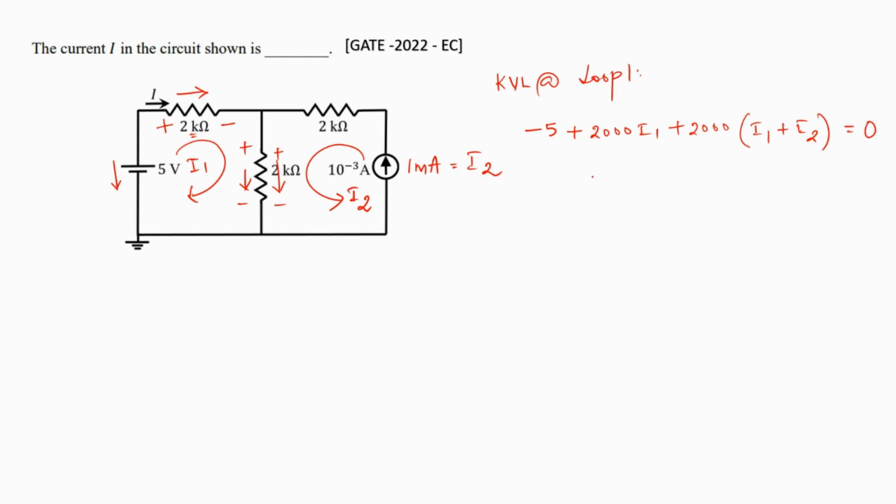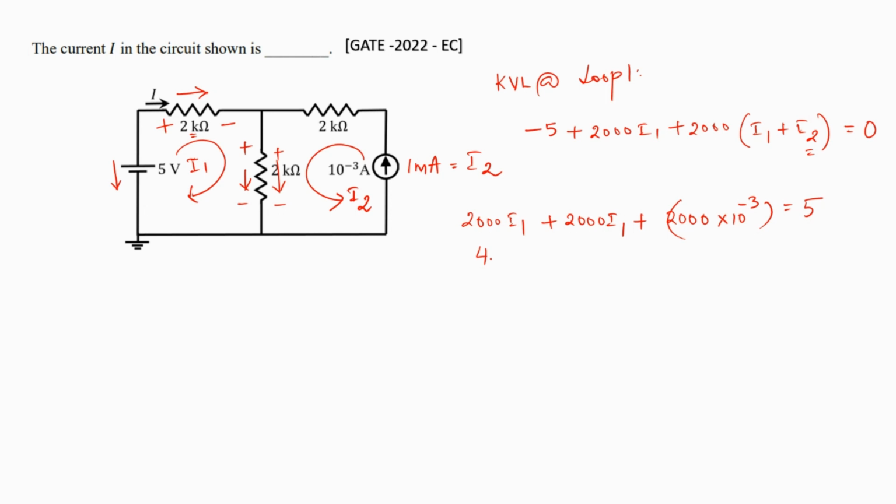We can simplify this equation and write it as 2000 I1 plus 2000 I1 plus 2000 into 10 to the power of minus 3, because I2 is nothing but 10 to the power of minus 3 amps, is equal to 5.